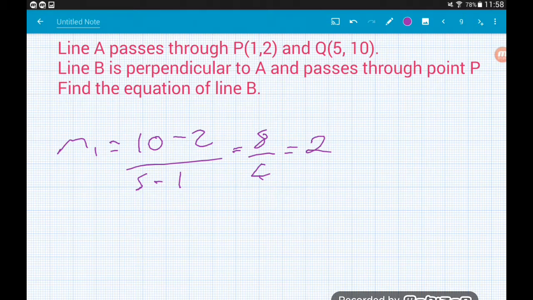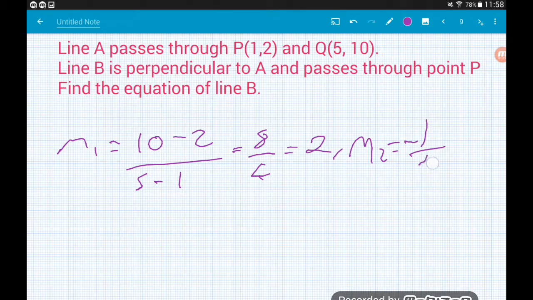Now, as I said, we don't need to go all the way and work out the equation of line A. All that we need is its gradient. So, now that we know that, we can find the gradient of line B. So M2, the perpendicular gradient, we know that's going to be minus 1 divided by M1.